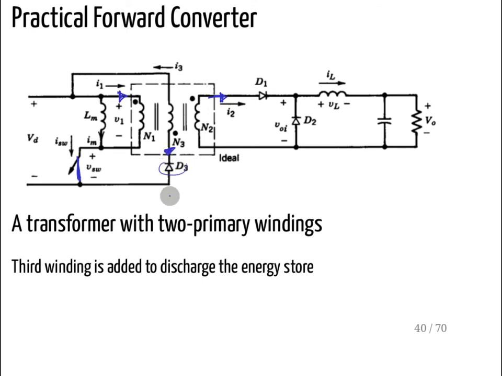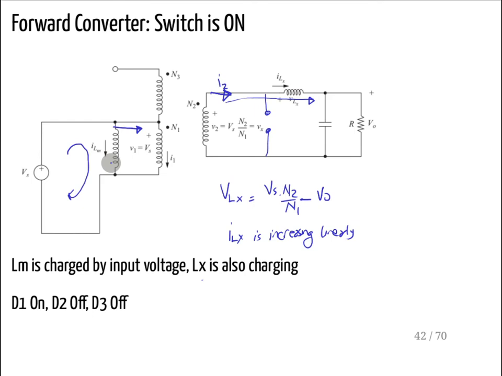But now D3 is blocking, so the third winding is not carrying any current when the switch is on, so I3 is 0. During the on period, it is as if the third winding is not there at all.